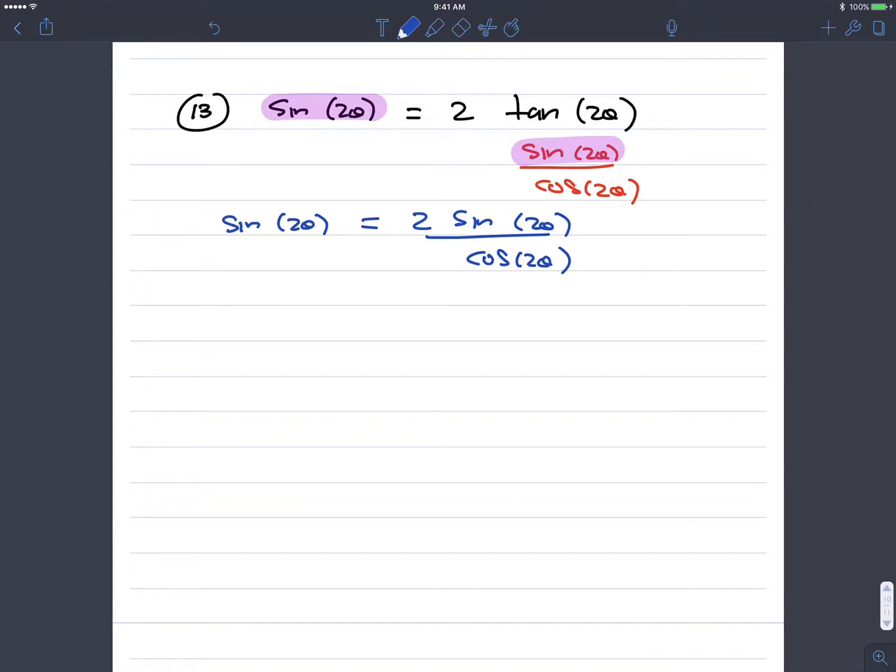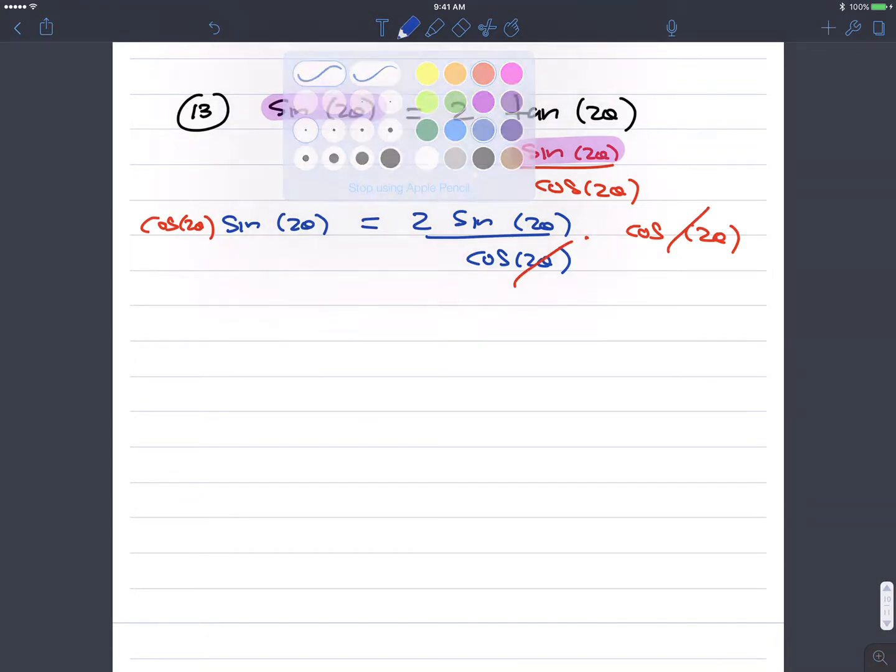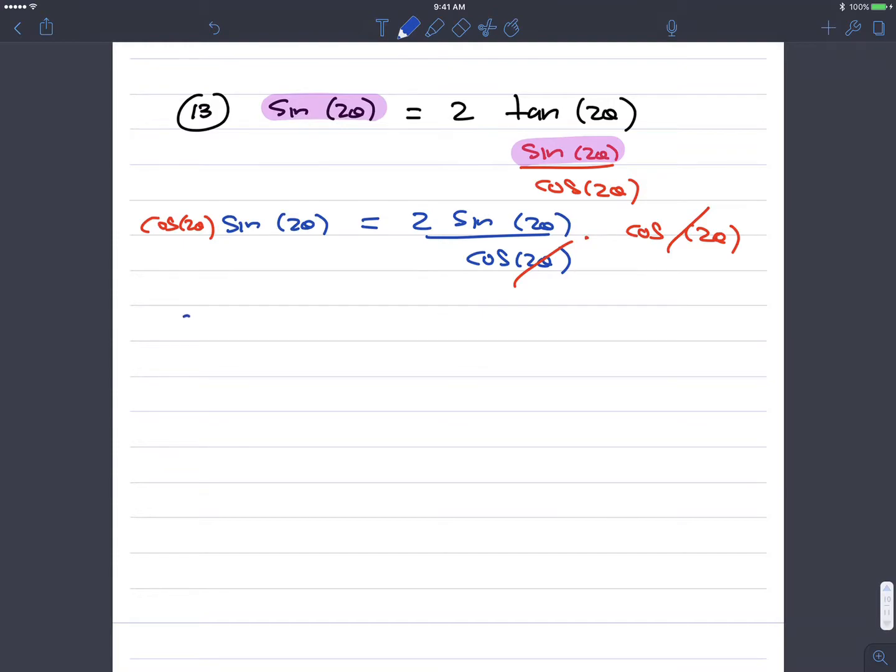You with me on this? What should I do now? If we multiply both sides by cosine 2 theta, don't I get cosine 2 theta canceling out here? So I'll get cosine 2 theta times sine 2 theta. It's actually 2 now sine 2 theta.